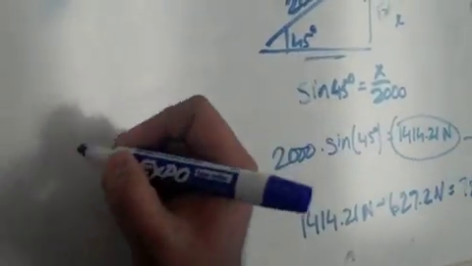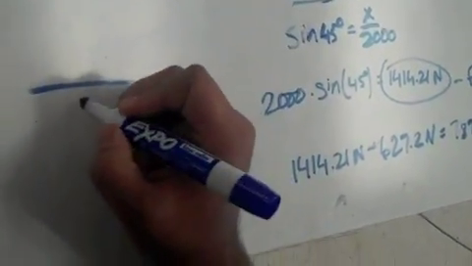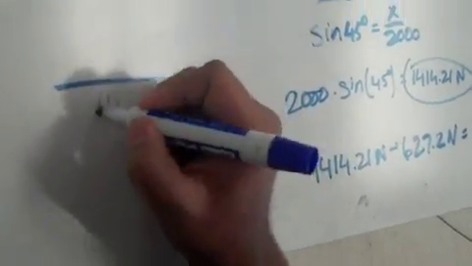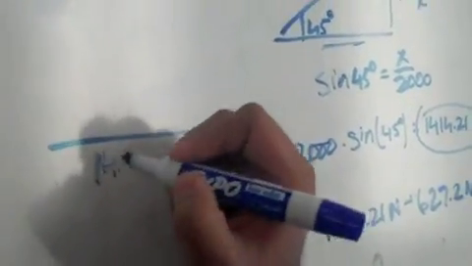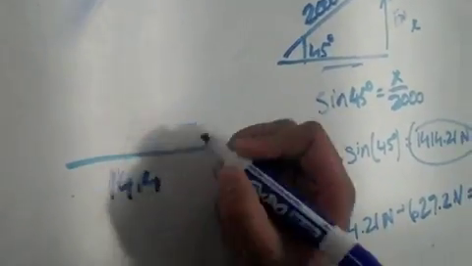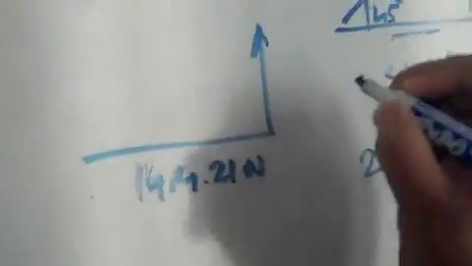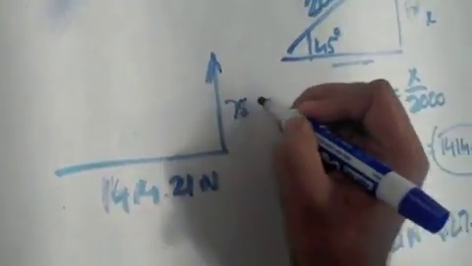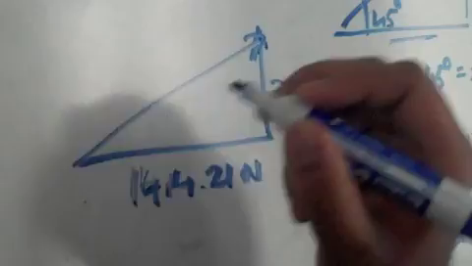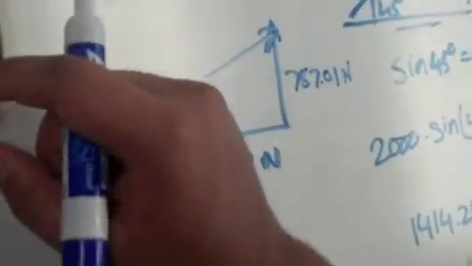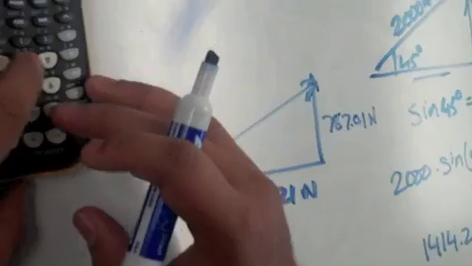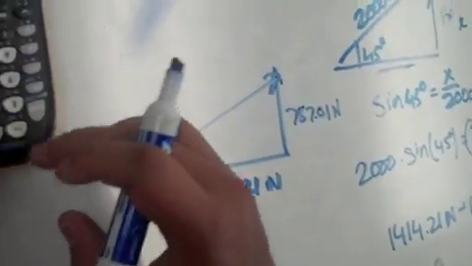So now we know that the bottom is going to be 14.21 newtons. The top is going to be 787.01 newtons. And so we can just use the Pythagorean theorem to find out what the net force of this throw is going to be.